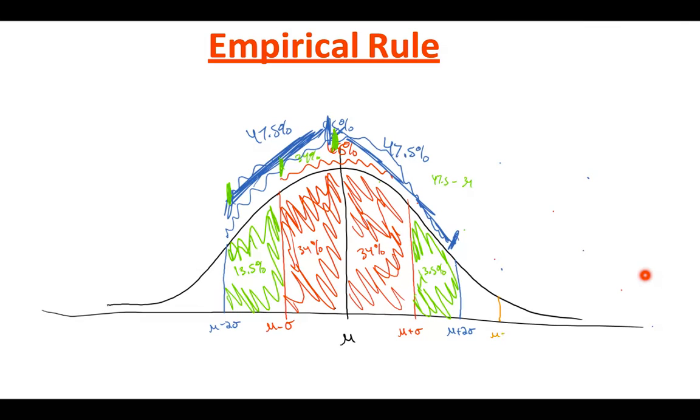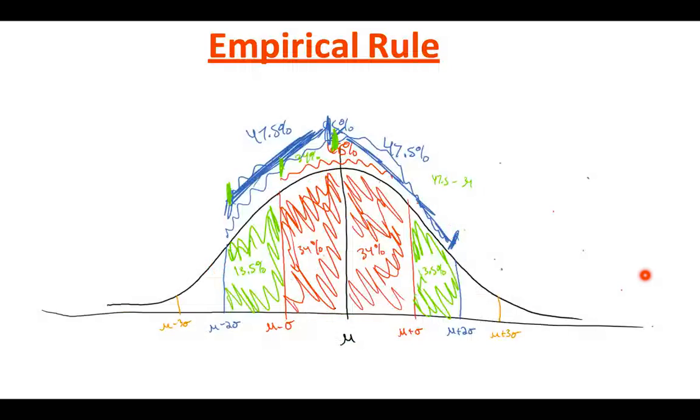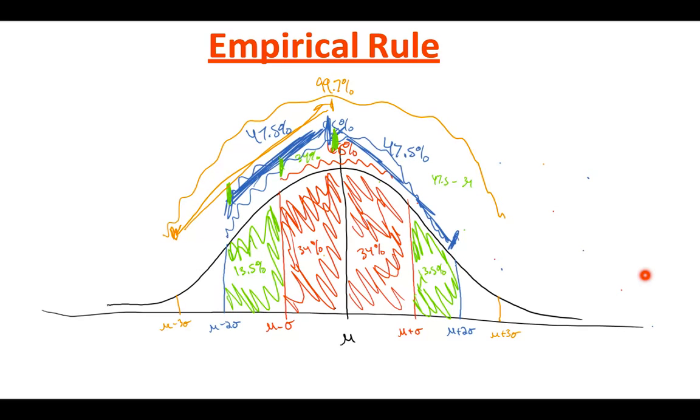If I were to go out to here, mu plus 3 sigma and mu minus 3 sigma, we said that 99.7% of the data lies within 3 standard deviations of the mean. So if I were to extend this around, 99.7% fits in there, which means each half from the middle out to there is half of 99.7.